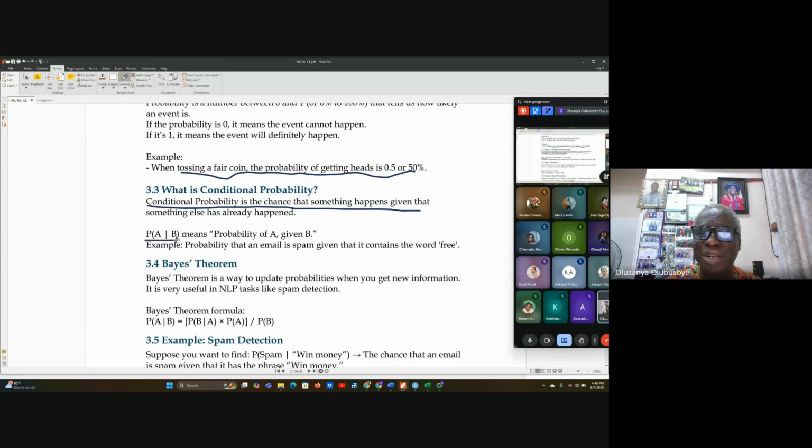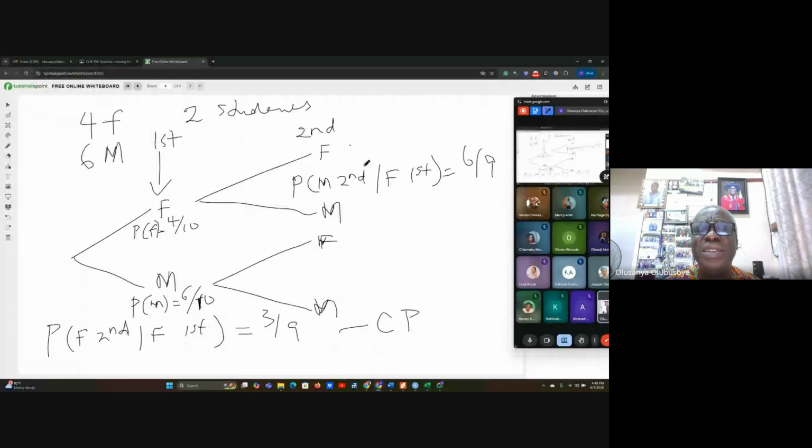Whenever we write probability of A given B, we are simply saying probability of A given that B has happened, as we are trying to show here, the probability of male given that a female selection has happened.